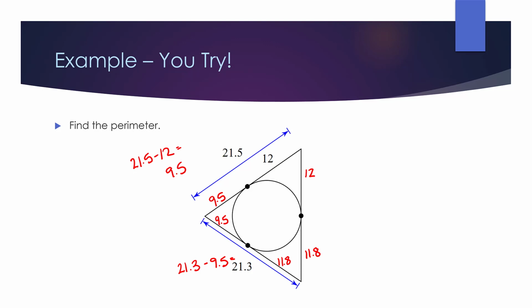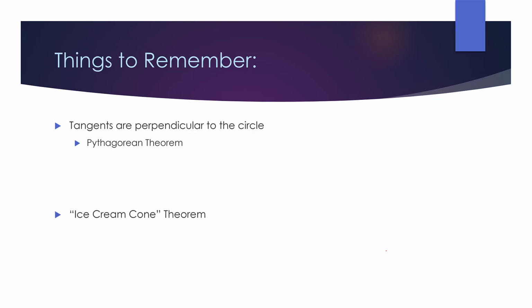You add up all of these pieces, so 12 and 12, 9.5, 9.5, 11.8, and 11.8. When you add them all up, you get 66.6. Nice job, guys.